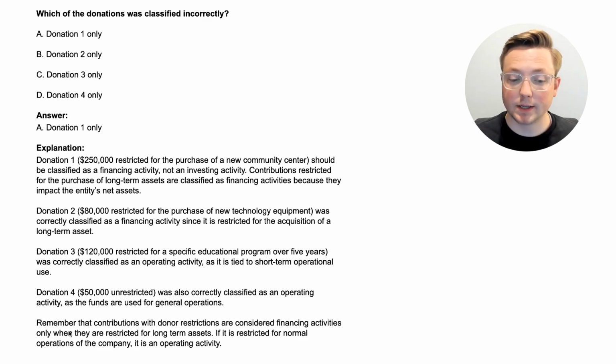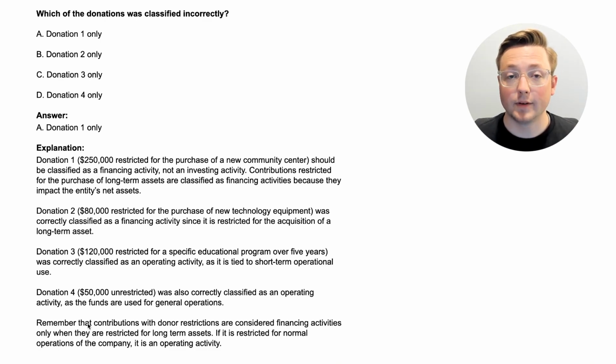So I'm just going to jump down here to this little explanation really quick. Remember that contributions with donor restrictions are considered financing activities only when they are restricted for long-term assets. If it is restricted for normal operations of the company, it is an operating activity. So don't get confused. Don't be thinking that every time there's a contribution with donor restrictions, it has to be a financing activity.